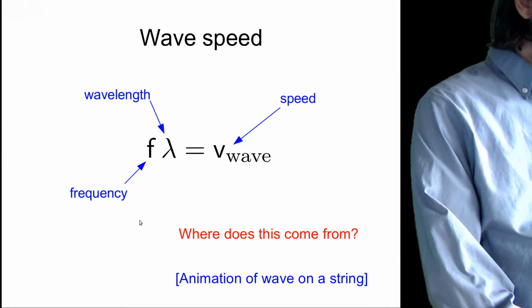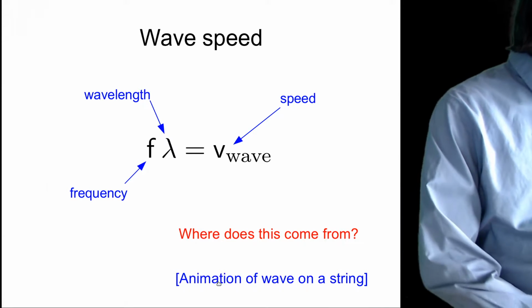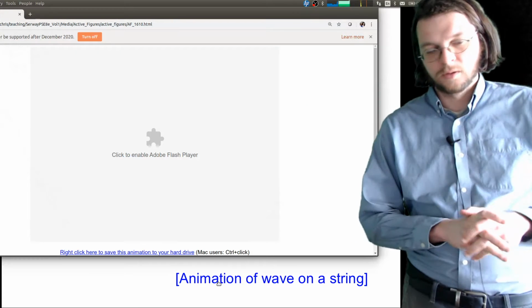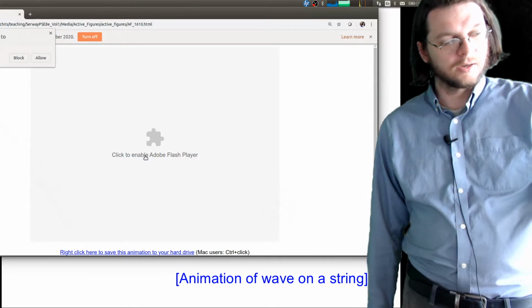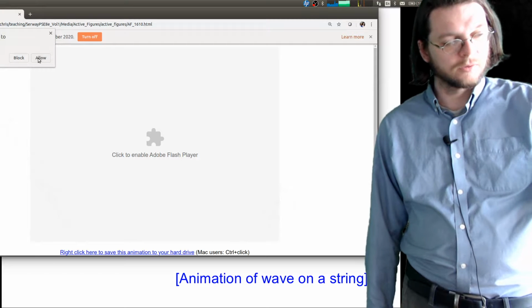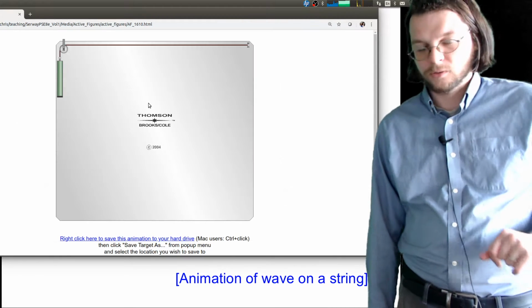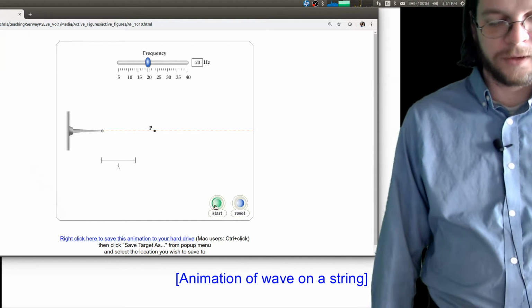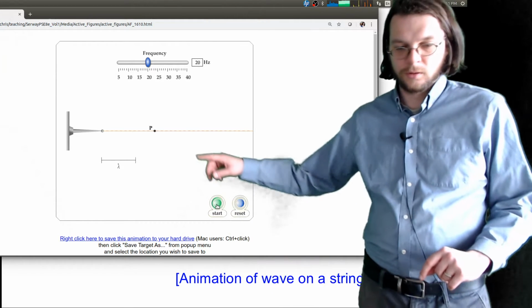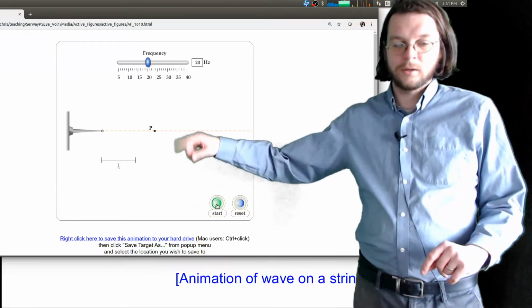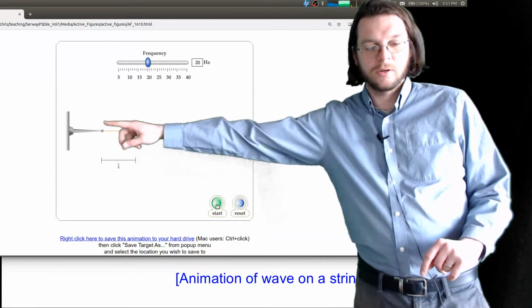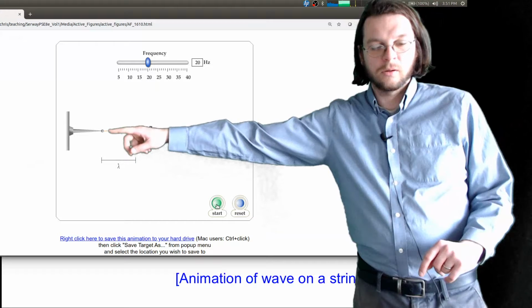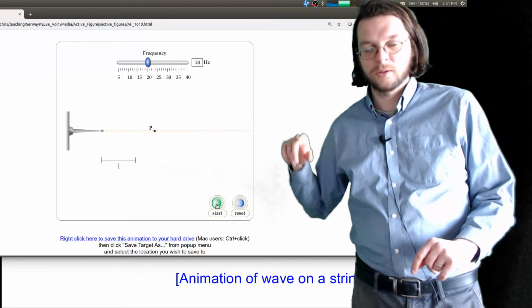The best way I like to explain it is that you have a string here that you are oscillating back and forth. This is one of the active figures from the book, which I like very much. If I start oscillating this string, the signal will propagate. It's going to start over here, wiggle, wiggle, wiggle, and then those wiggles will move this way.